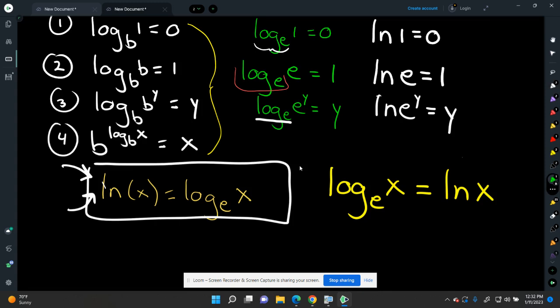Let's adapt this to log base e. So this would be e to the log base e of x, right? What does that equal? X.